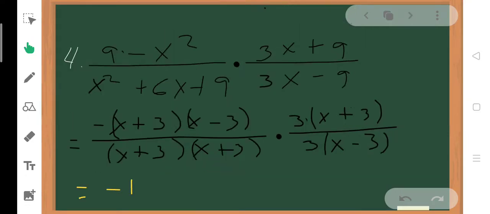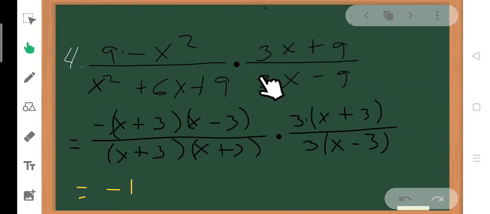Okay, another one. We have 9 minus x squared all over x squared plus 6x plus 9 times 3x plus 9 all over 3x minus 9.